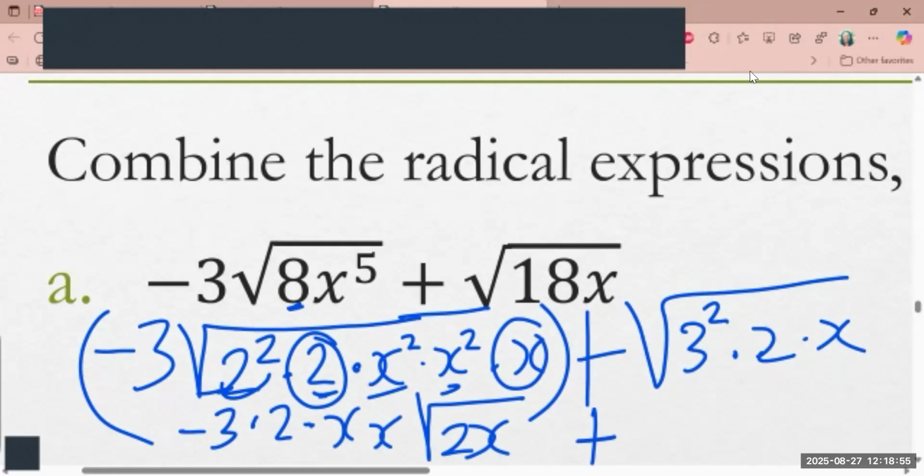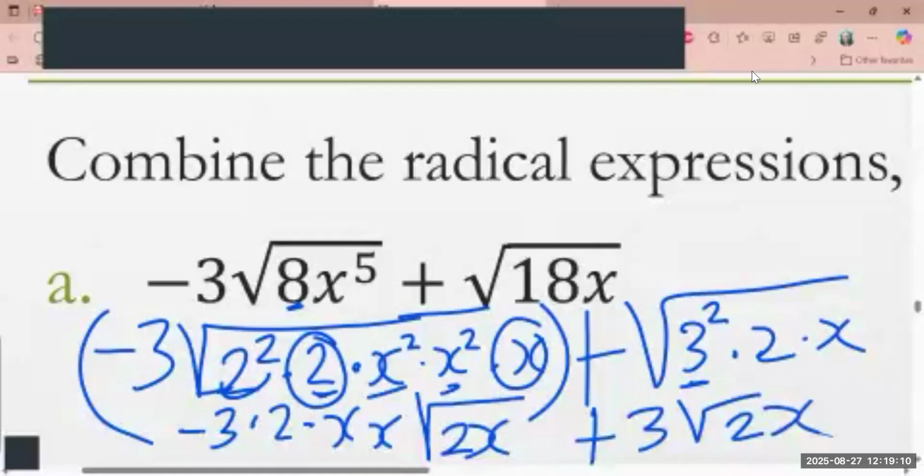Plus, okay, I'll factor out the perfect squares. So I have 3. Inside the radical sign, I have 2x. So now I can simplify because the radicands on both of them are the same. So I can simplify by adding them together.